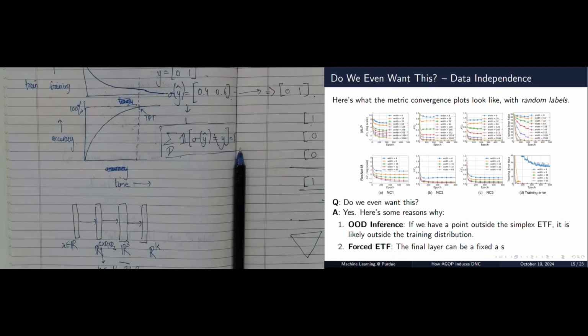The second one is we can just force a simplex. So overtraining is not something that we necessarily need to do. We know that this structure leads to performance improvements because we have seen the double descent.